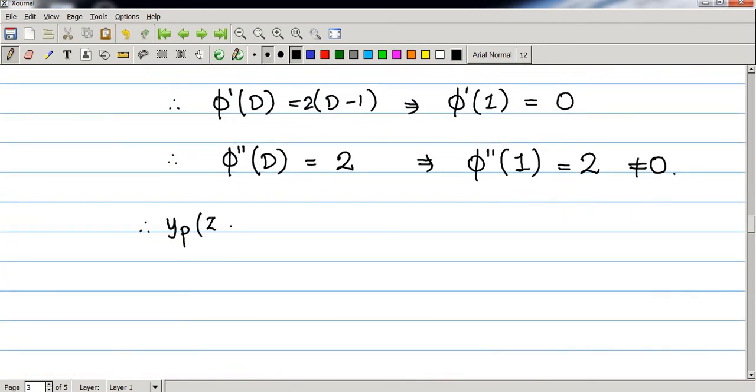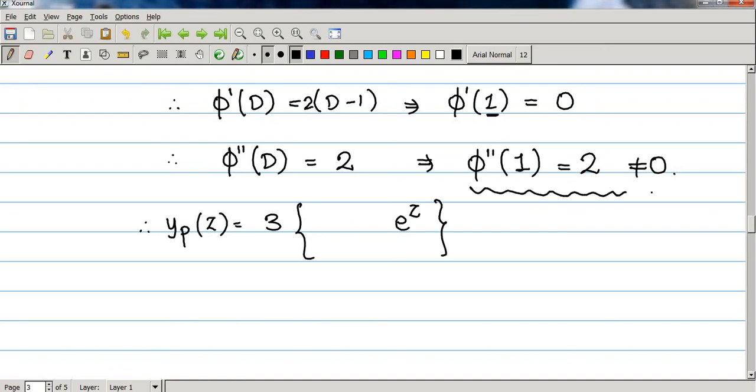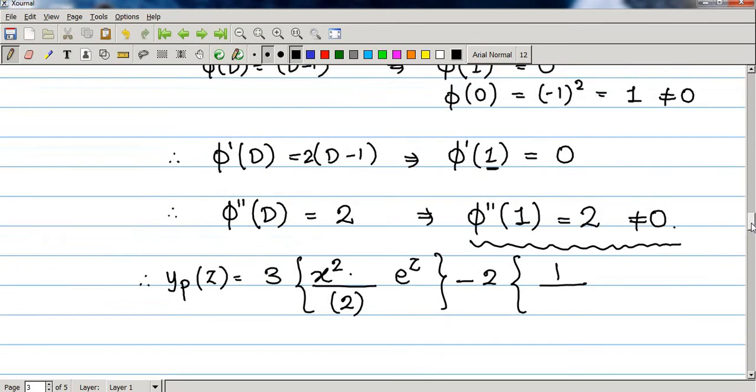our required particular integral in terms of z will be 3 times, for a equal to 1, whenever our function is e raised to z, we got a non-zero value after taking 2 derivatives. So our particular integral will be x square upon 2 into the exponential function, minus 2 times, whenever a is equal to 0, that non-zero value is equal to 1, into e raised to 0z.